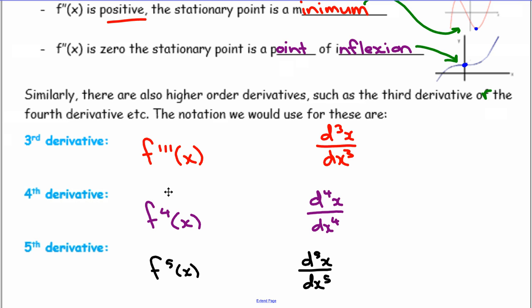Otherwise you just end up having to write too many dashes, it just gets silly. So they call this prime notation as well. So f of 4 of x, similar to the one above though, d4y over dx to the 4. The fifth derivative, f of 5 of x, d5y over dx to the 5, and so on. So I'll just finish that one up right there.